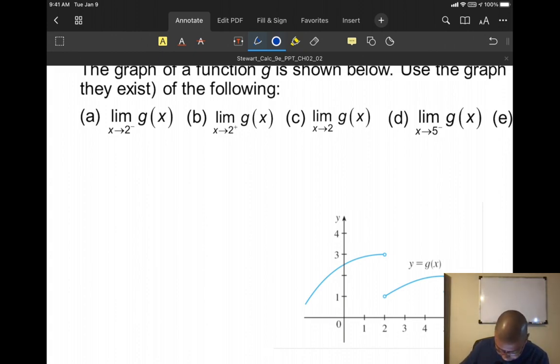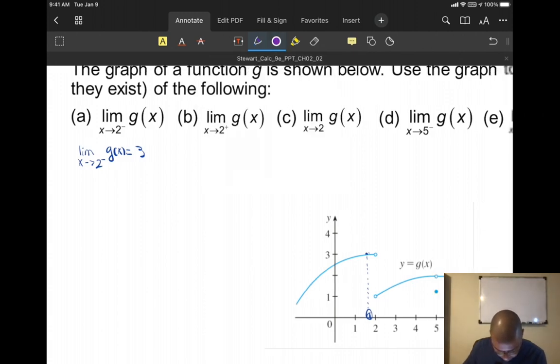So we're picking values over here. If I follow the graph of the function, I'm getting very, very close to 3. You see? Very, very close to 3. So the limit, as x approaches 2 from the left of g of x, equals 3. Take a second to understand this if you need to.